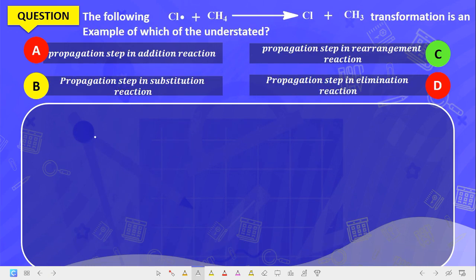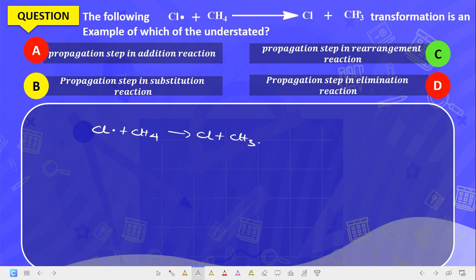The next one, the following reaction. Now the reaction given to you is this: Cl plus CH4 to give us HCl plus CH3. The transformation is an example of which of the following?